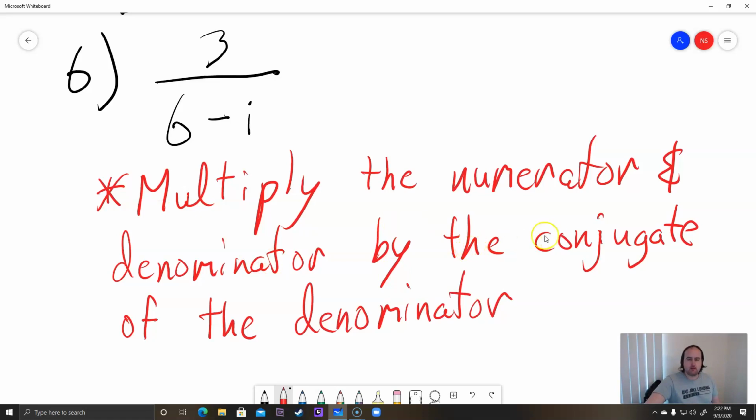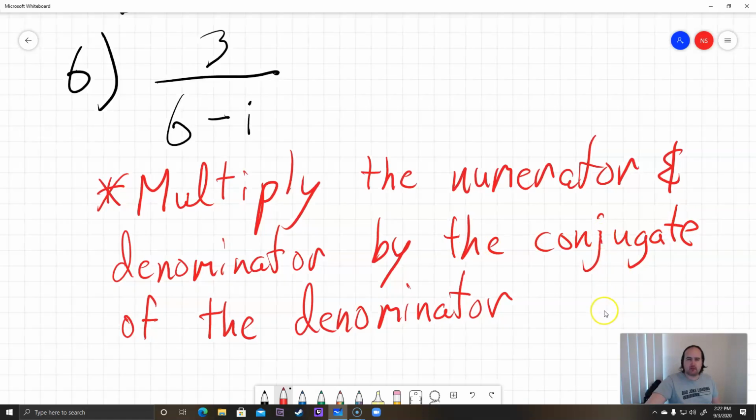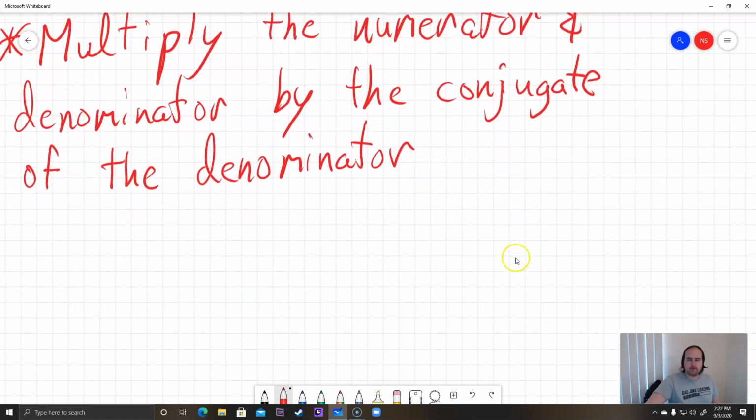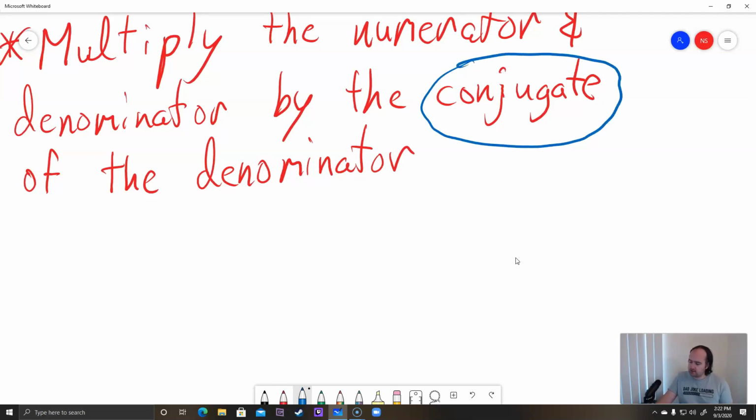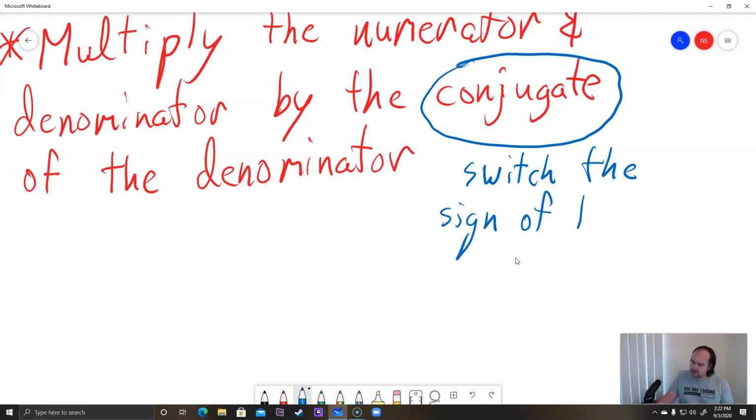So, first of all, we need to talk about what this word conjugate means. The conjugate just means that you switch the sign of the second term.